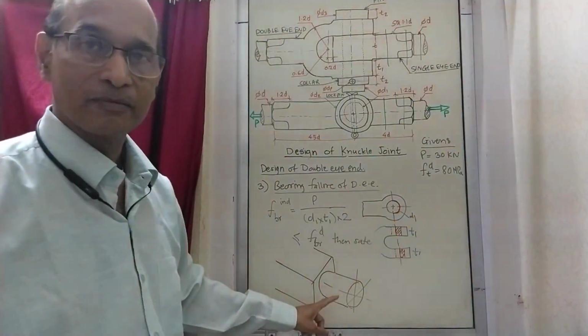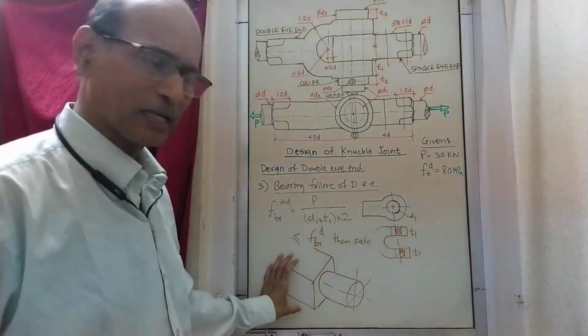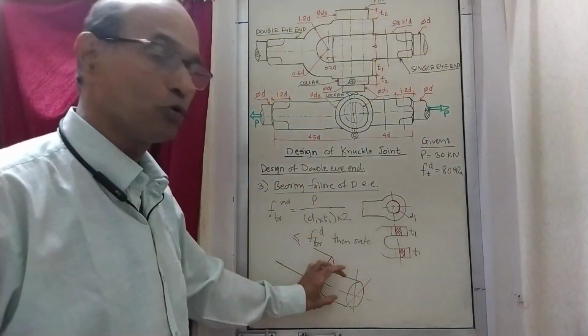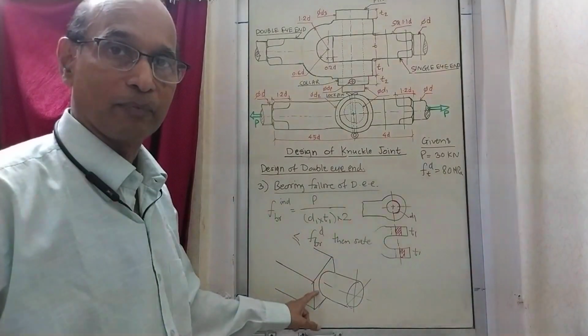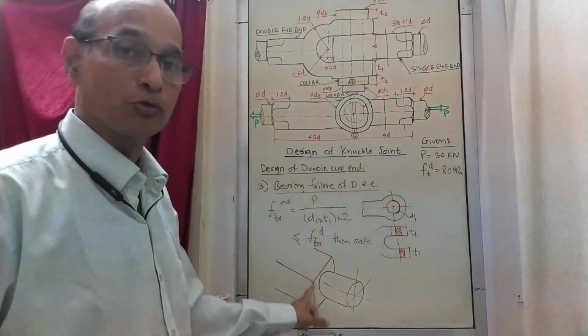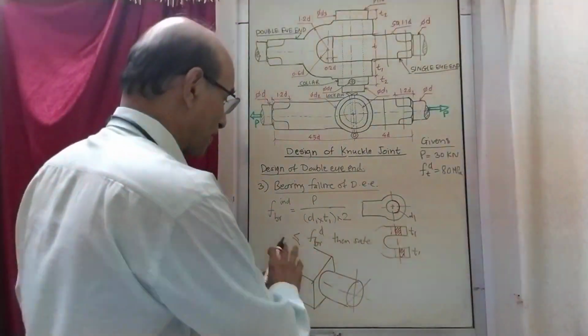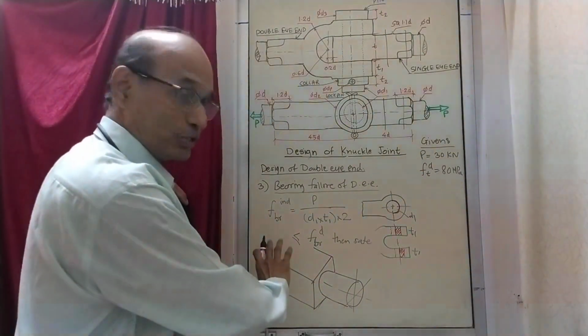It will look like this. Now what will happen? The cross section is suddenly changing from square to cylinder, and because of the sudden change there will be crack formation because of stress concentration, which we don't want to happen. So the cross section should be gradually reduced.